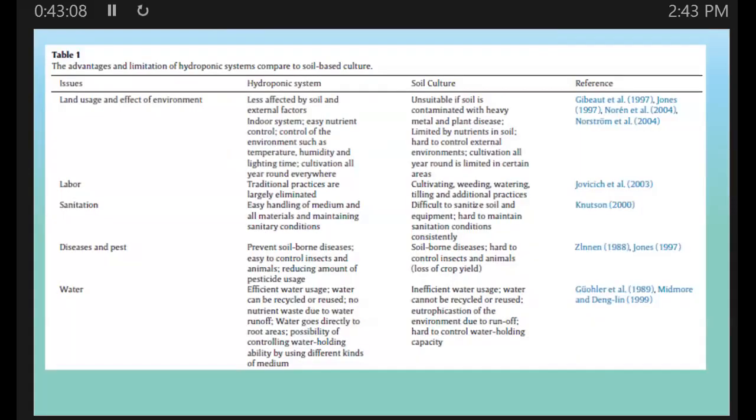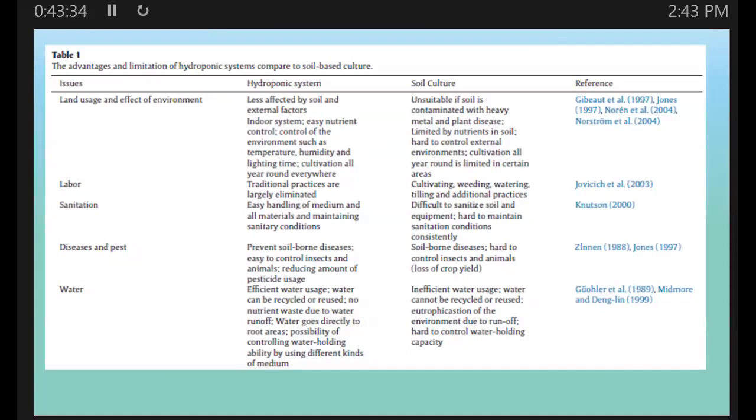This table is looking at, again, the same paper comparing the soil versus hydroponics. So if you could please read through this. I think it's pretty self-explanatory, but they give several different issues and kind of do the comparison. Which method do we see as a pro and which is it a con? And so I'd like you to think about these ideas.